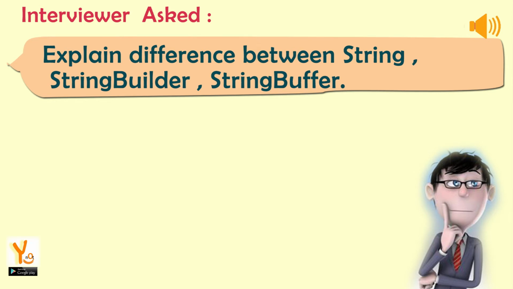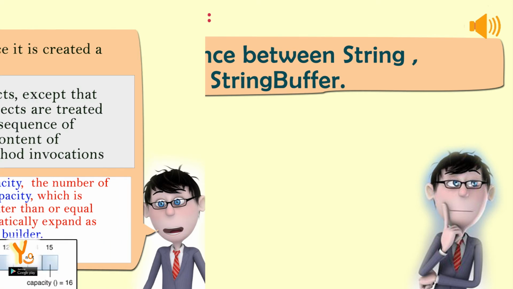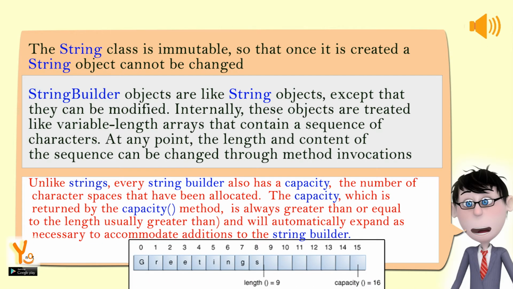Explain the difference between String, StringBuilder, and StringBuffer. The String class is immutable, so that once it is created a String object cannot be changed. StringBuilder objects are like String objects, except that they can be modified. Internally, these objects are treated like variable length arrays that contain a sequence of characters.